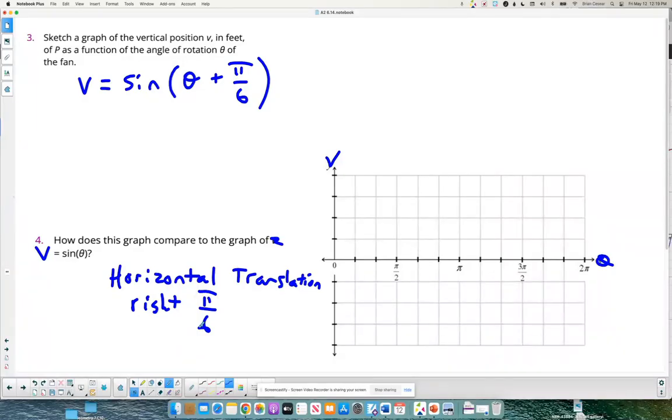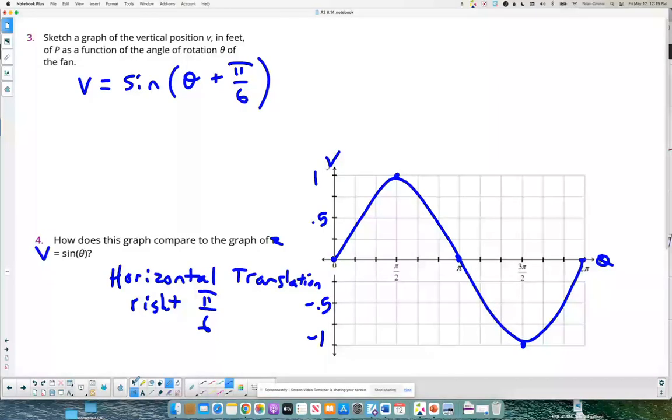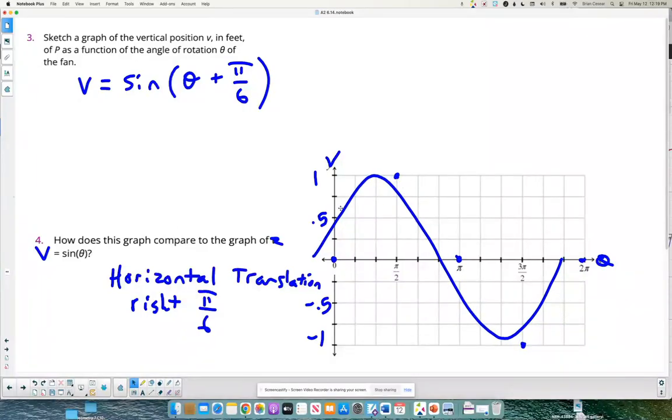All right, so probably going to start by graphing the sine graph. Move everything left pi over 6.